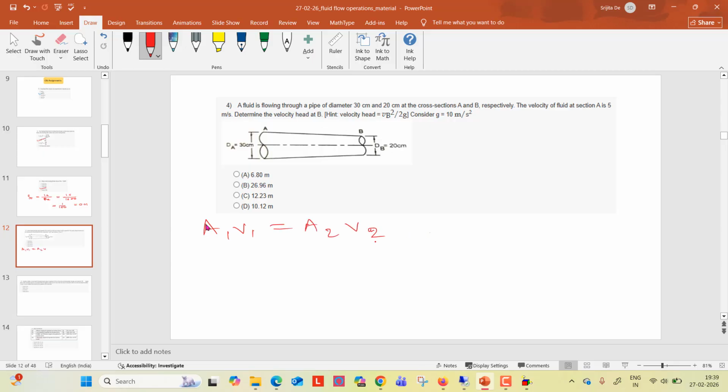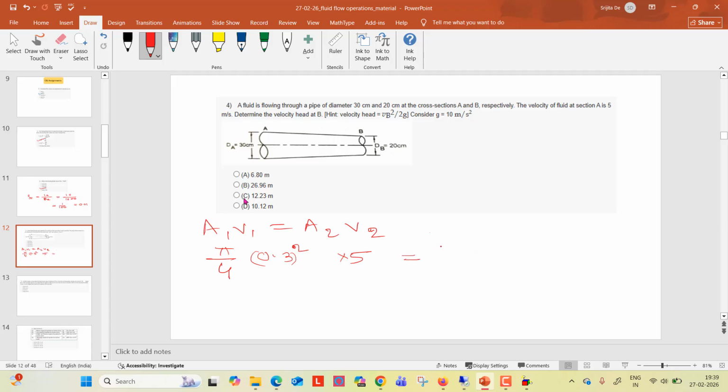A1 is the area at point A, which is pi by 4 d square. So pi by 4, 30 centimeter, so 0.3 square. Velocity is 5.